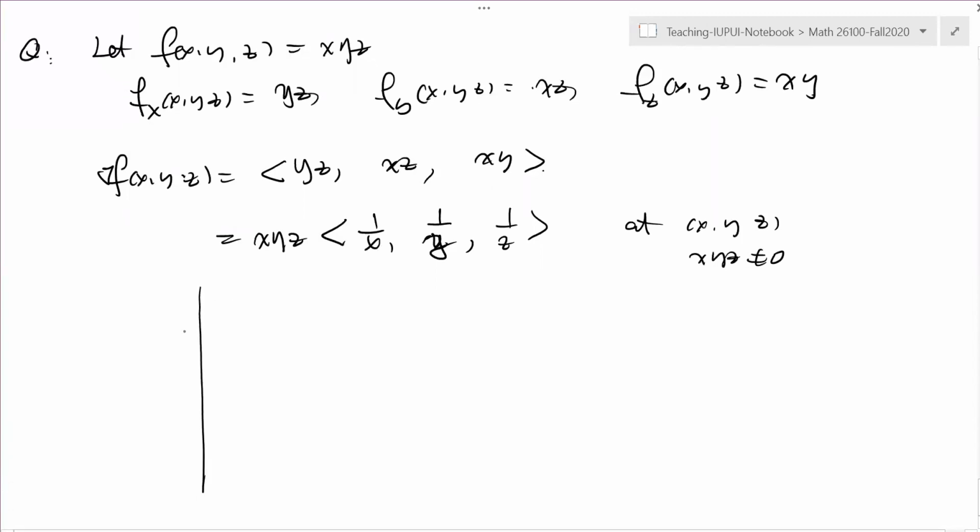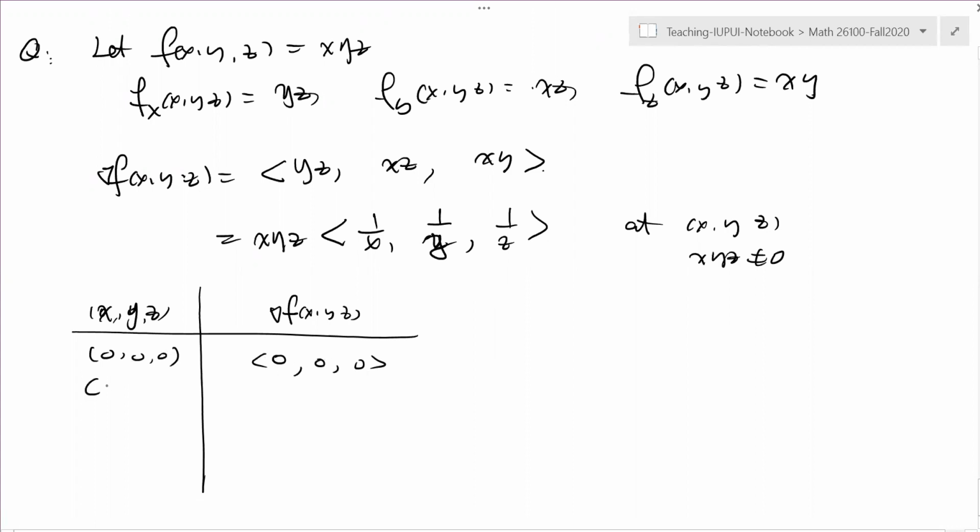Okay, this is the gradient, xyz. At the origin, this is going to be 0, right? At the point (1, 0, 0), x is 1 and y is 0, the product is 0, so that's always 0. It's the same here.